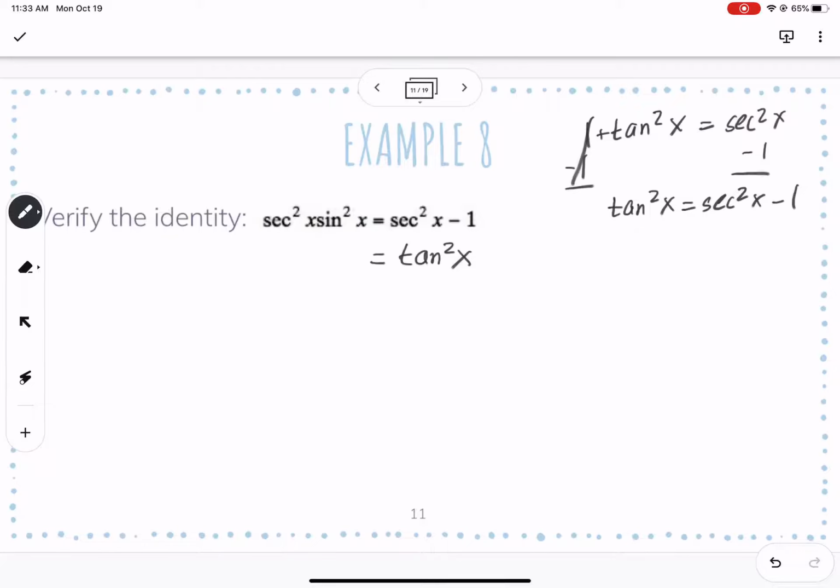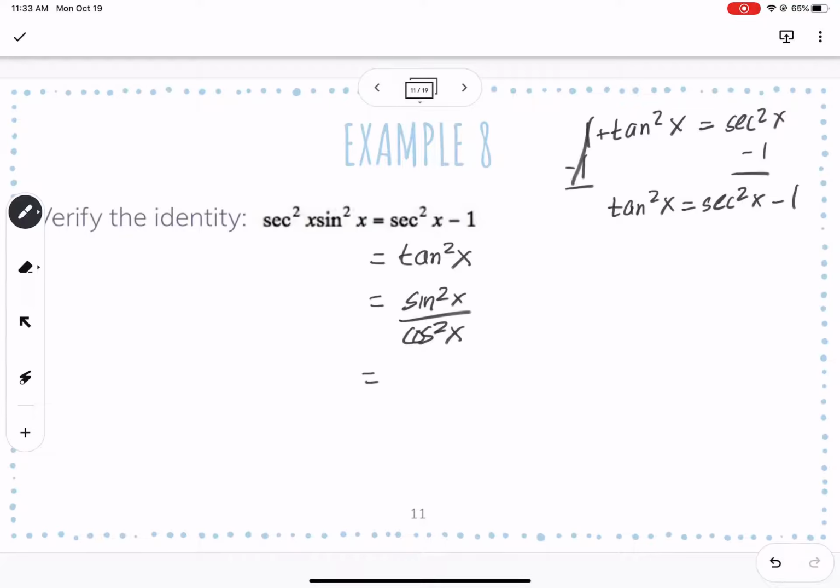Now, tangent squared, if we look at what we're trying to get to, it's secant times sine. So I don't want to use cotangent. I want to use something that has sine and cosine because of the connection that secant and sine have to those two functions. So I'm going to rewrite tangent squared as sine squared over cosine squared.